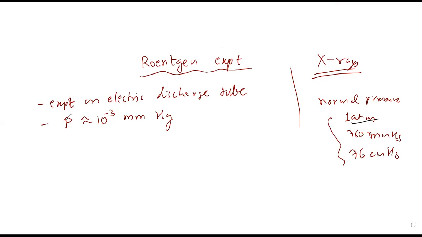He kept the pressure at 10 to the minus 3 millimeter, which is very, very low. At this very low pressure, he applied a potential difference across the tube. He basically made one tube that we will discuss just after this.